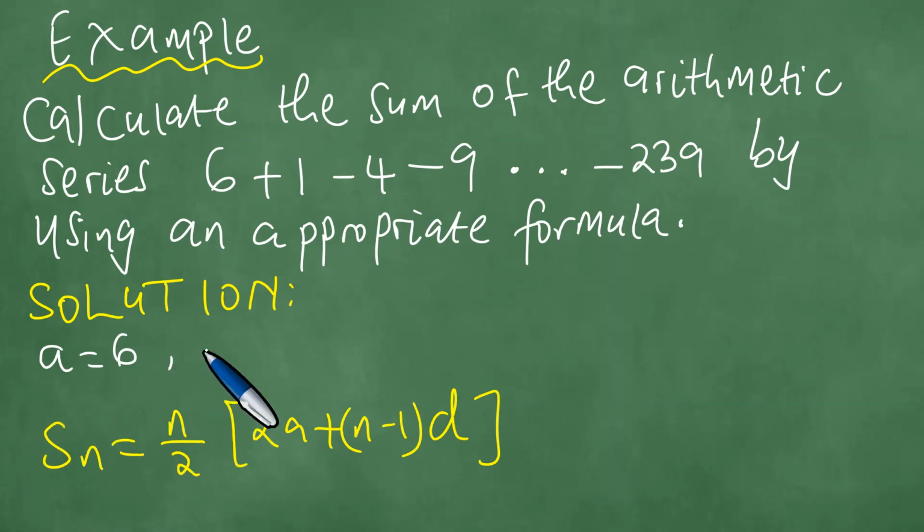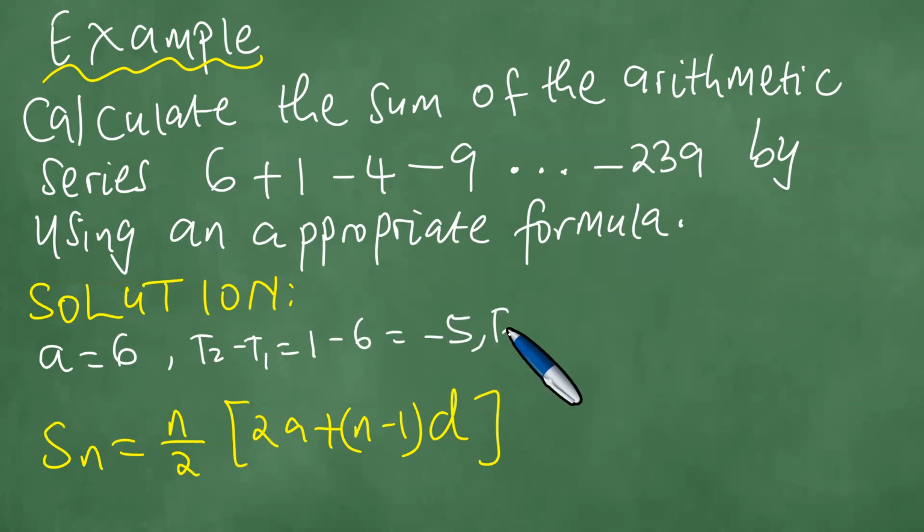What is the common difference? You must first say term 2 minus term 1. Term 2 is 1, term 1 is 6, and this is minus 5. What is term 3 minus term 2? Term 3 is minus 4, term 2 is 1, and this is minus 5.